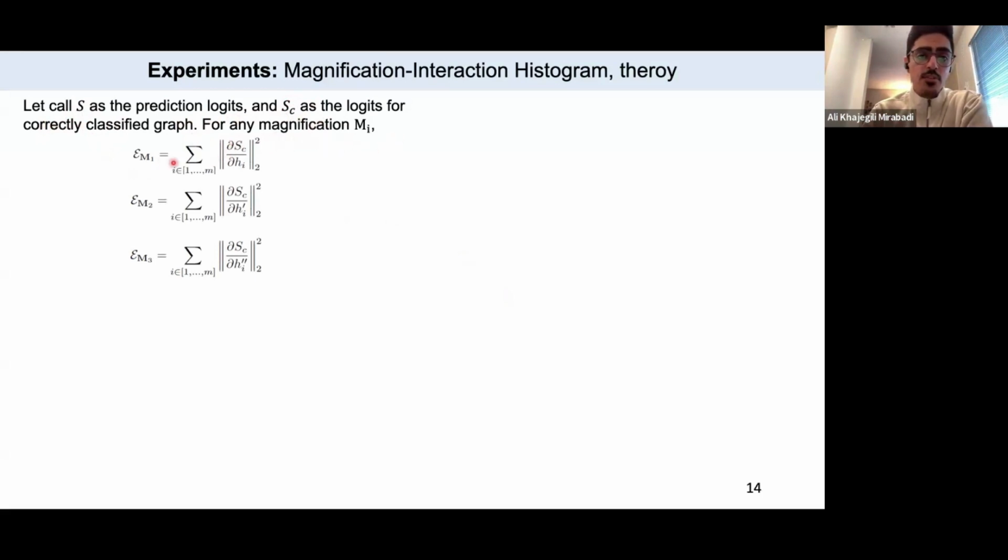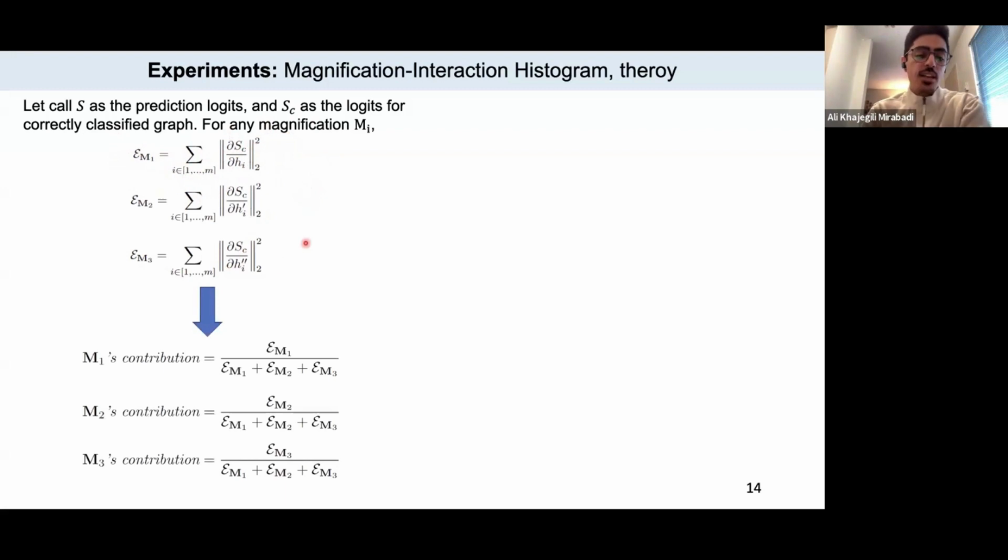For any magnification, we can define the energy of the gradients. So the energy of gradients for magnification 1 is the summation of all the gradients of the nodes squared. This is a known concept, and basically this is the same thing that people are doing in Grad-CAM to get the gradients back. So the sum of all the gradients squared is the energy of each magnification.